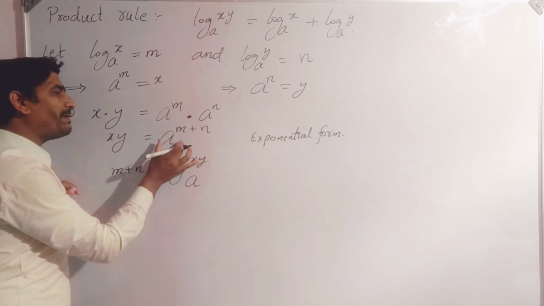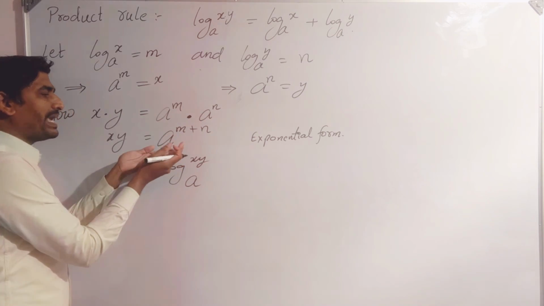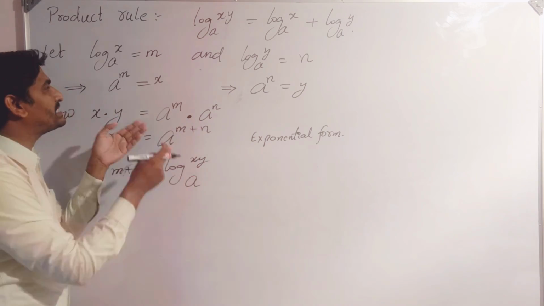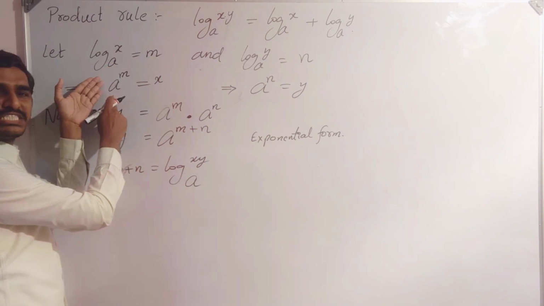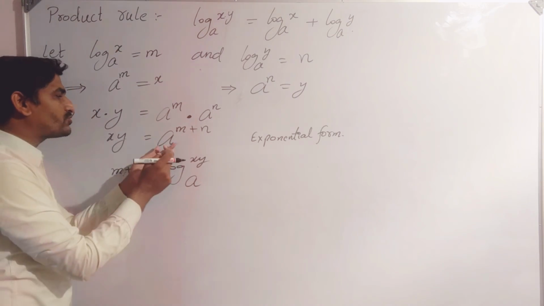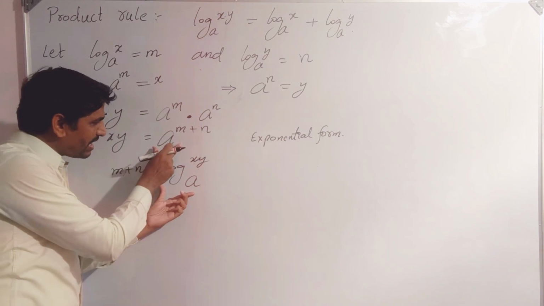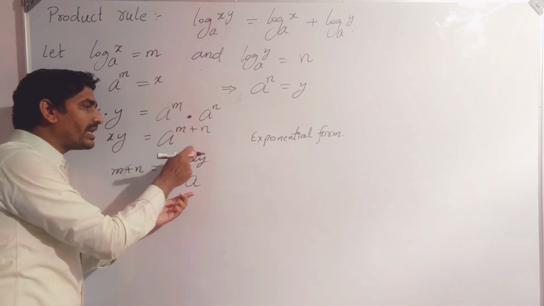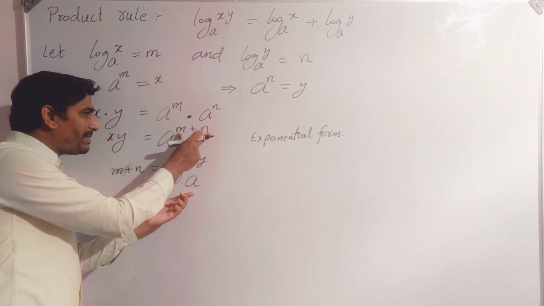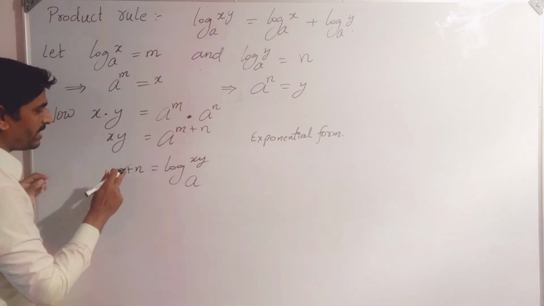Base is the same, with no change in the base. Logarithm to the base a of xy. This m plus n goes here and xy comes here. Interchange.